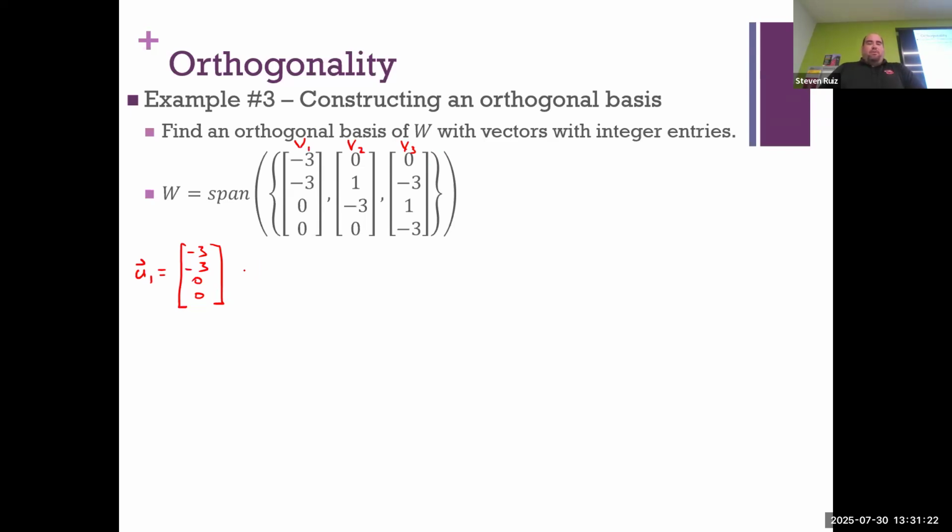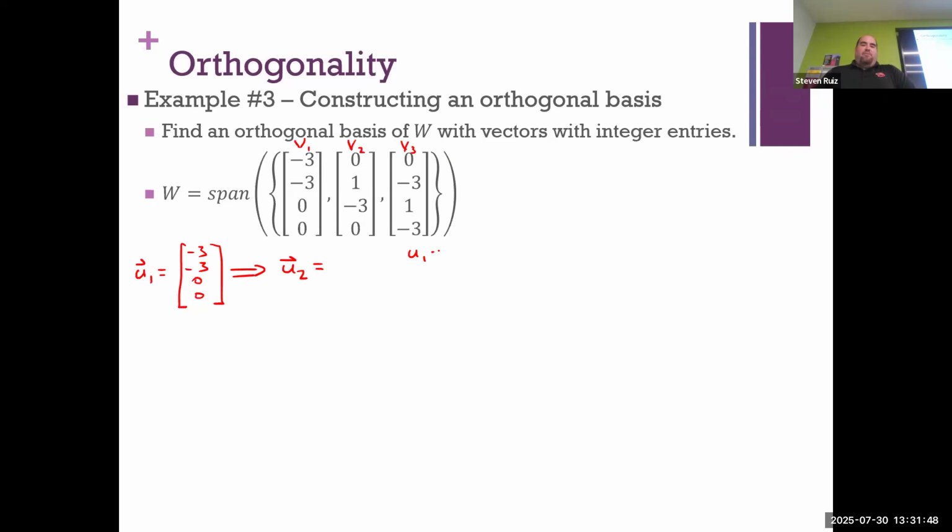How do I build u2? U1 times V2, all over U1 dot U1. Okay, so I do need that, but only because I want to get rid of that.